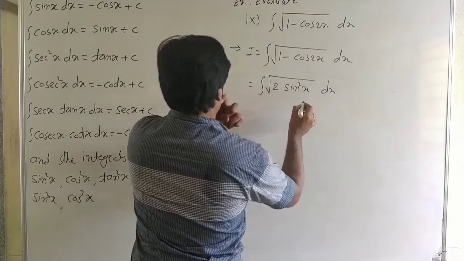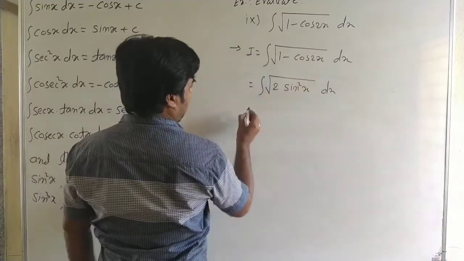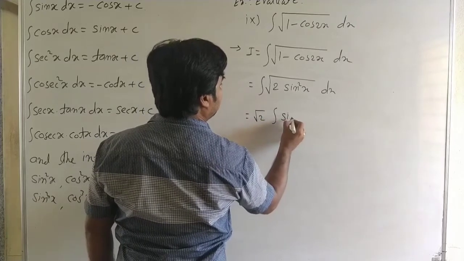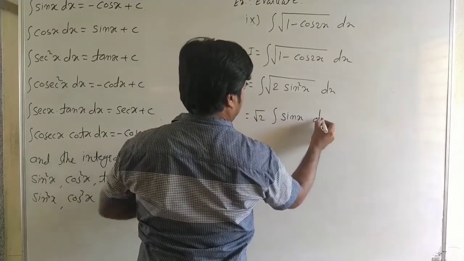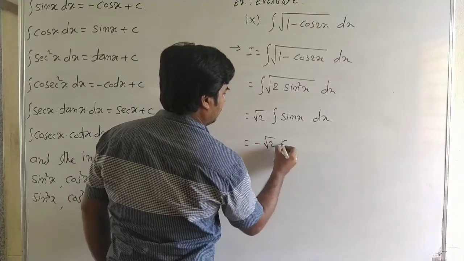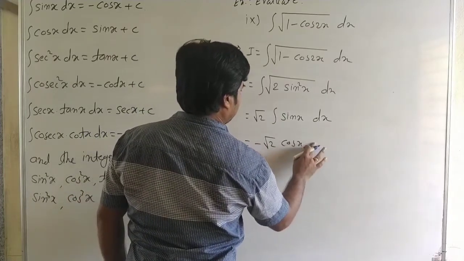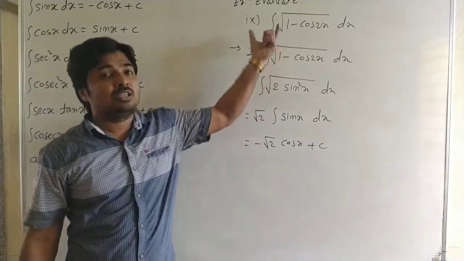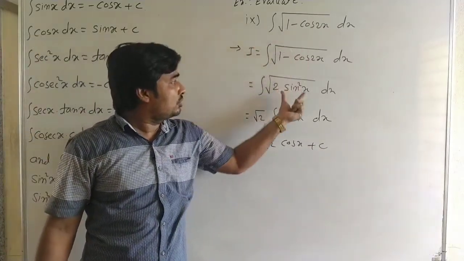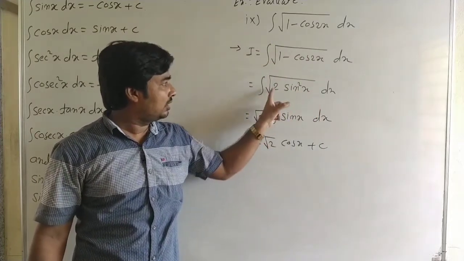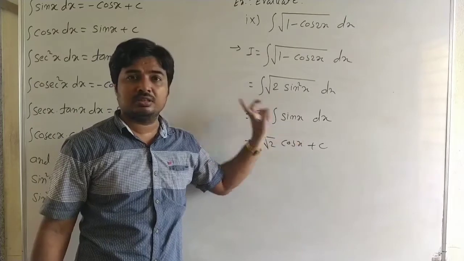Under root 2 is a constant, times integral of sin x dx, and then it is minus under root 2 cos x plus c. We use the formula 2 sin square x for 1 minus cos 2x, and then under root of sin square x is sin x.